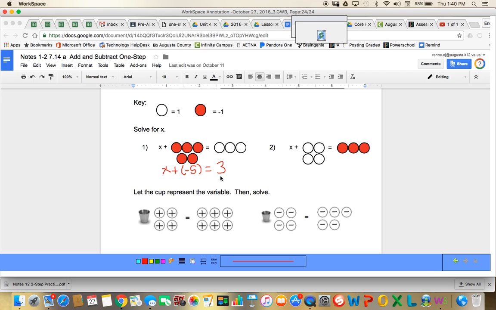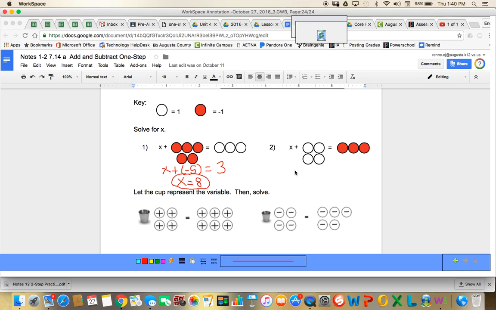So you got to decide, what can I add to -5 to equal +3? Well, if I'm adding negatives and positives, I know if I get a positive answer, then my x must be positive. So x must equal what? If you said x should equal 8, you are correct.